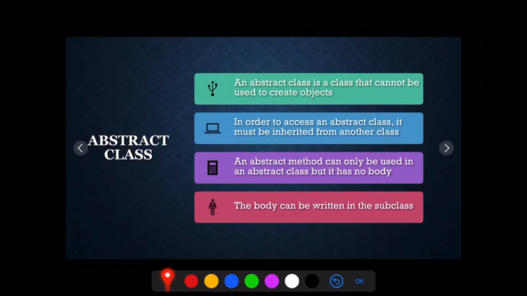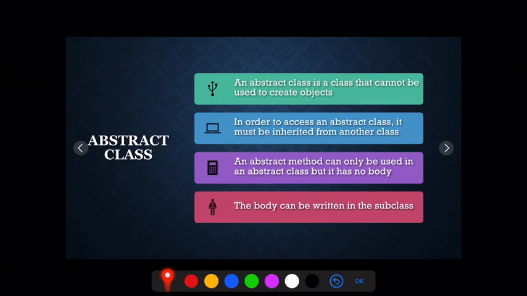Moving on, what is an abstract class? I know that this can be very confusing when you compare it to an interface because they're hard to understand and to differentiate and know which one's which. But an abstract class is very simple. It is a class that cannot be used to create objects.